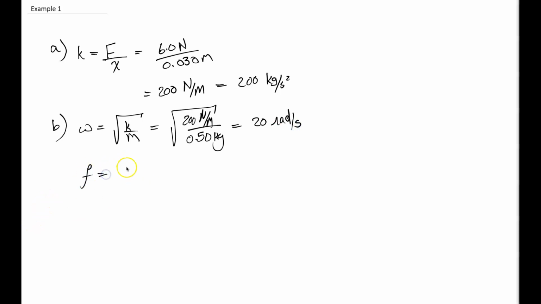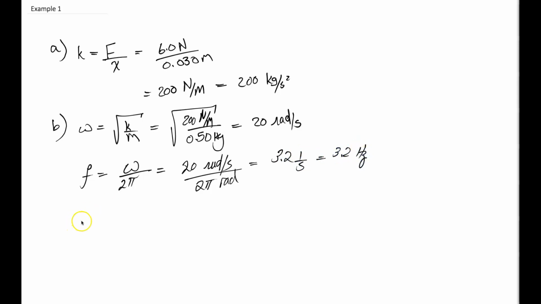The frequency is the angular frequency divided by 2 pi. So this gives us 20 radians per second over 2 pi radians, which gives us 3.2 per second, or 3.2 hertz.